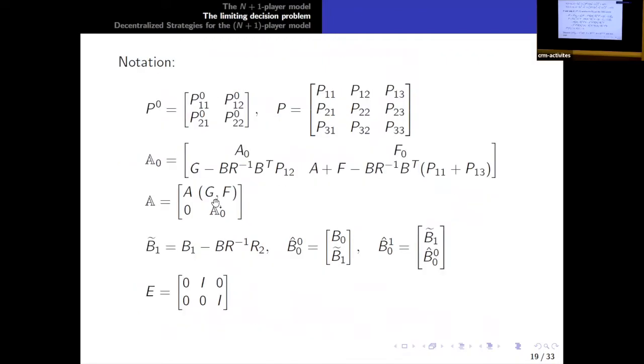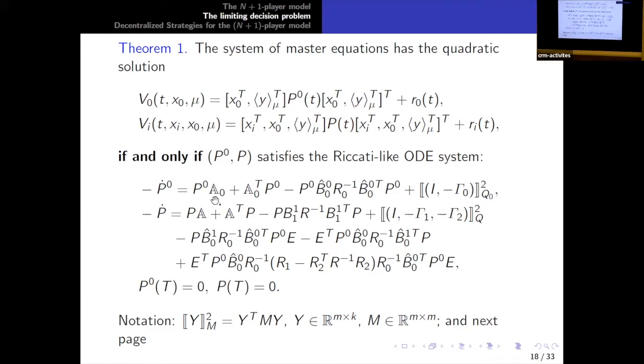Basically, when we specify this A0 matrix, we need to use the unknown, the matrix P. This is used in the value function of the follower. So we actually need to take this kind of submatrices into A0.